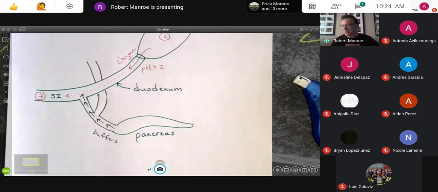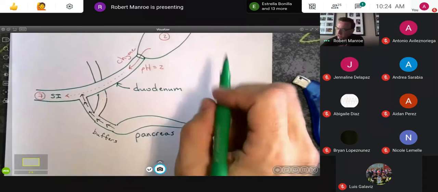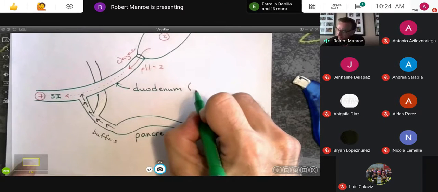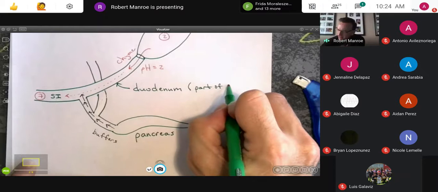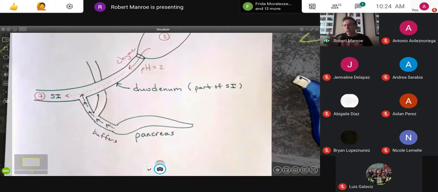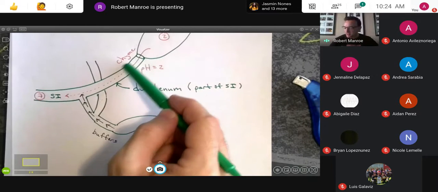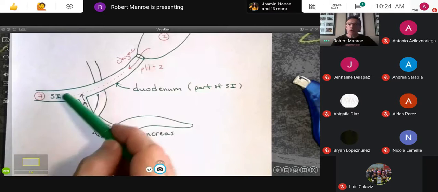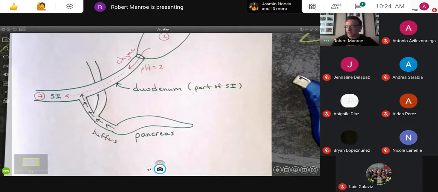The duodenum is the first portion of the small intestine. It's not that you have your duodenum, then your small intestine. The duodenum is part of the small intestine. The duodenum is this first 30 centimeters where a ton of chemistry happens, right?